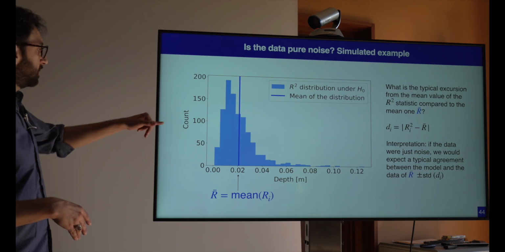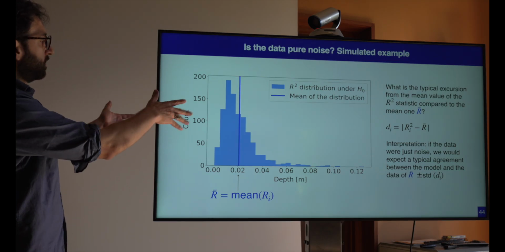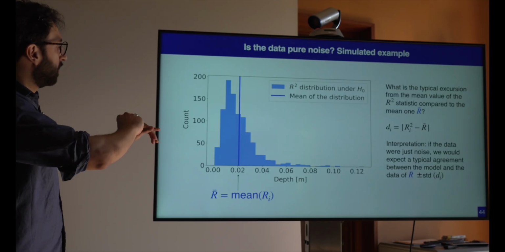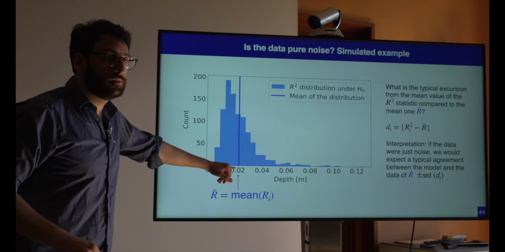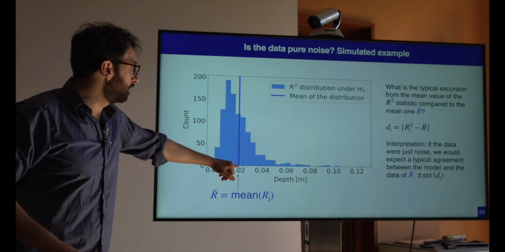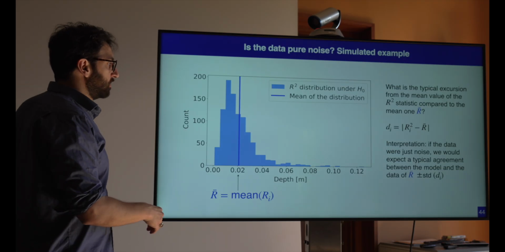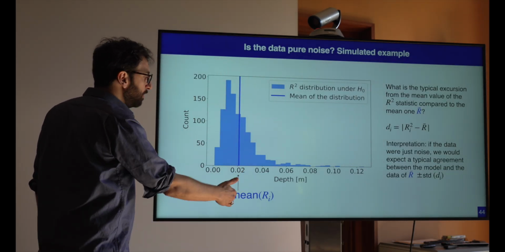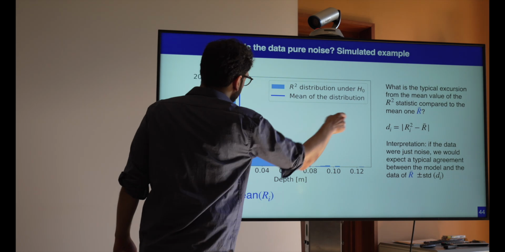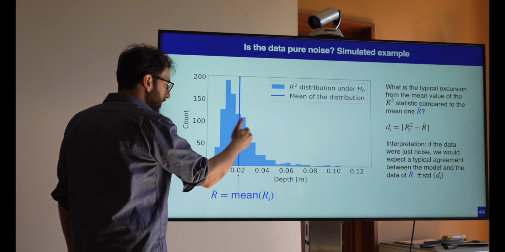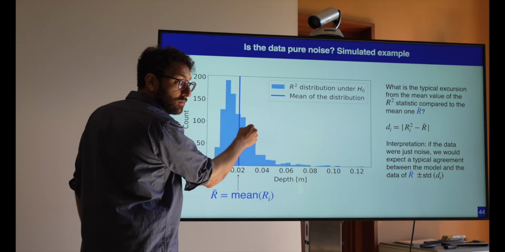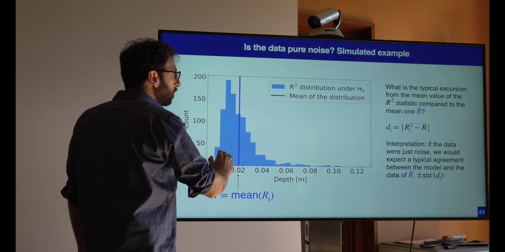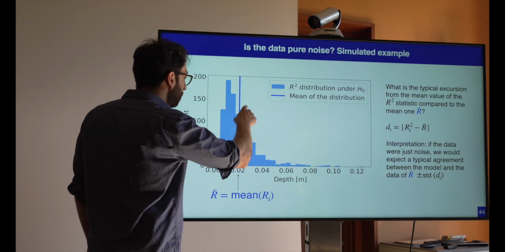So this histogram means this is the ballpark, if my data were pure noise, where the agreement between the data and the astronomical signal would be. And so one way to think about this is the mean value, this is the typical value, and I look at the difference between the value on a particular mock data set and the mean value, and see the standard deviation of this.